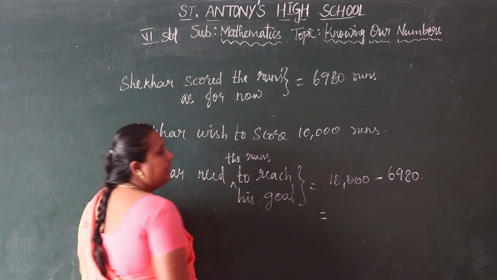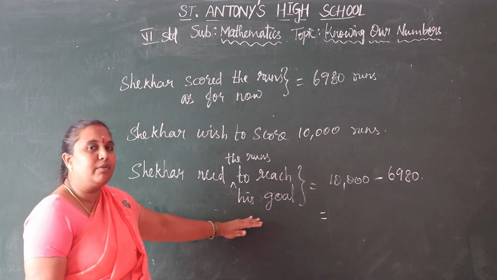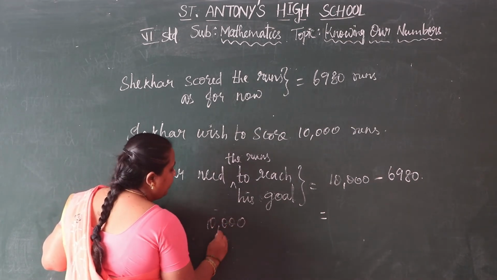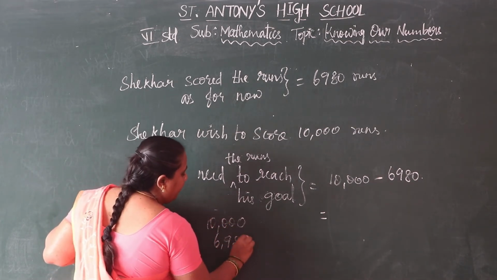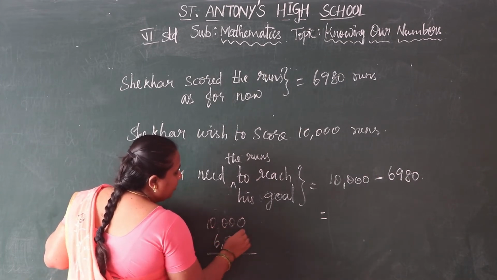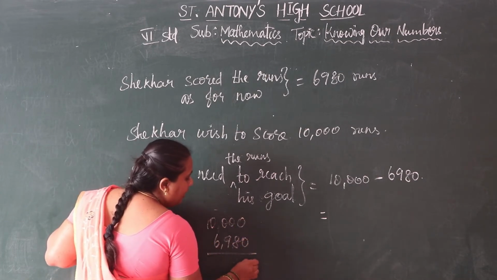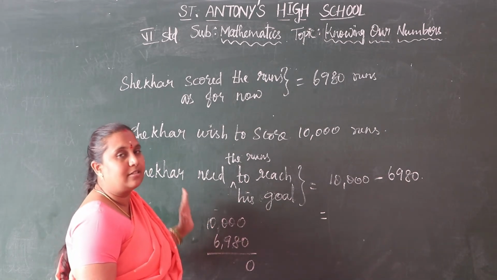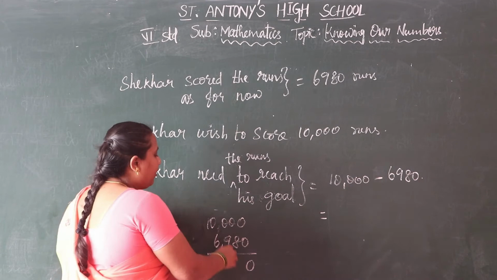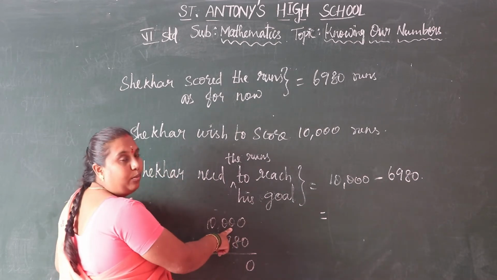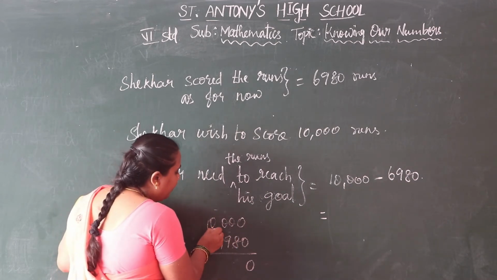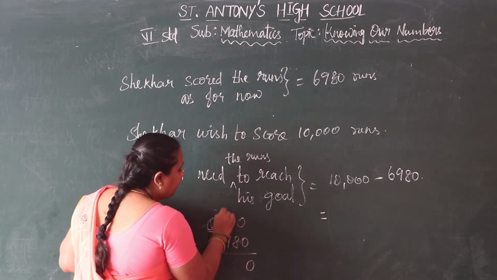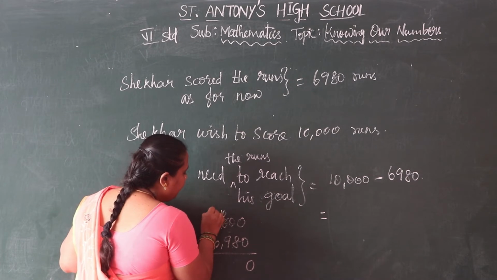We want to find the difference between these two. So 10,000 minus 6,980. 0 minus 0, 0. Here again we are doing the subtraction by the borrowing method. Till here we want to borrow 10. In this we are giving 1 here, so it is 10, and here it is 9.